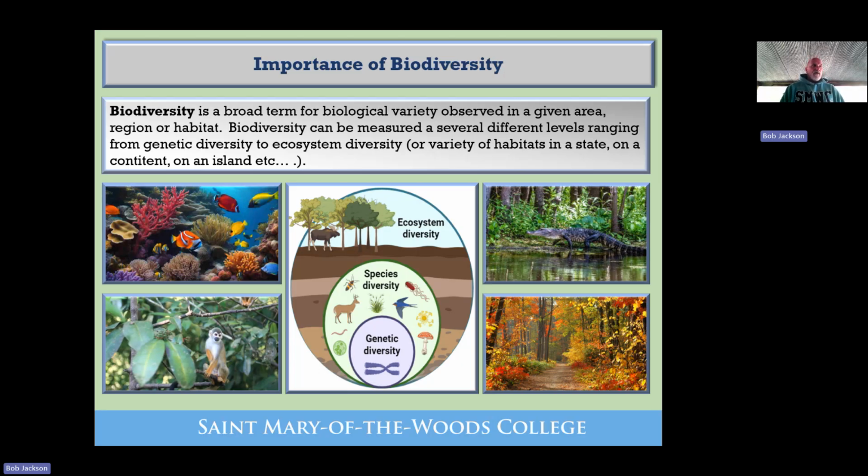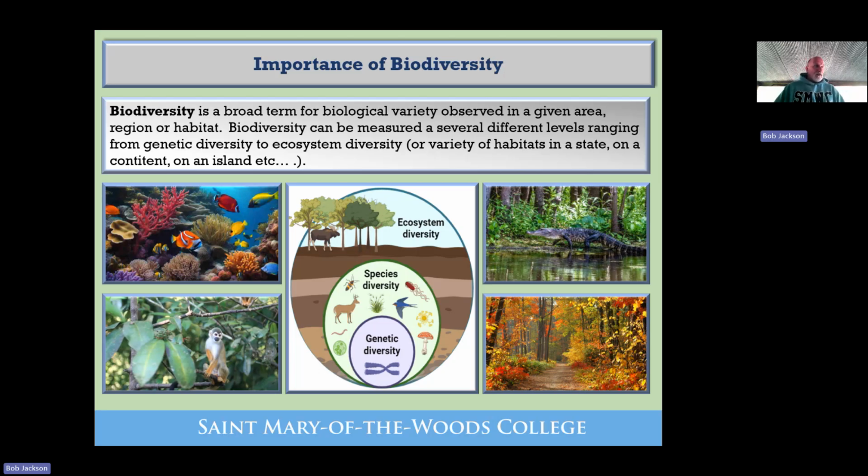If you have a really diverse area, you have a lot of different types of plants and a lot of different types of animals. And biodiversity is what's preferred in nature. So typically in an area where you have a lot of biodiversity, you also typically have a lot of stability in the ecosystem.